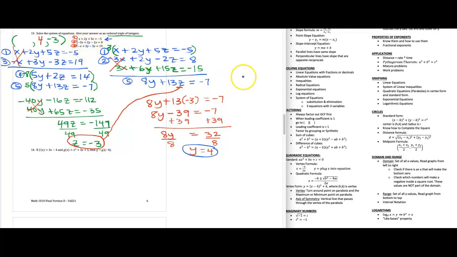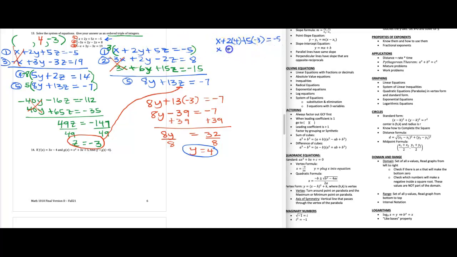If I use this one, I'm going to have X plus 2y, and y is 4, so I'll put 4 in place of y, and then plus 5z, so plus 5 times negative 3, and then equals negative 5. So let's solve this one.